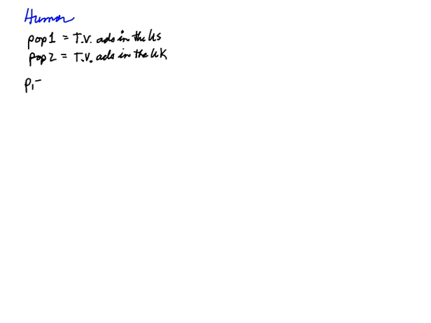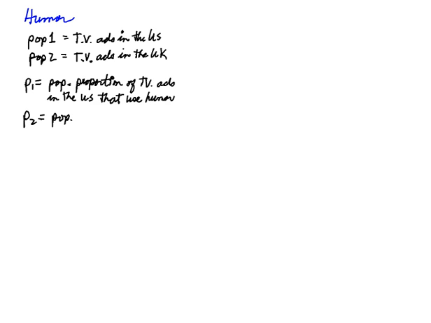What my population parameter is: P1, the population proportion of TV ads in the US that use humor, and the population proportion P2 of TV ads in the UK that use humor.